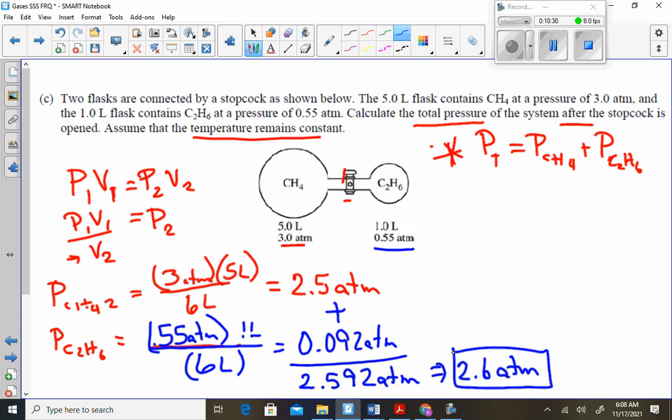Points on this: if you calculated either this one or this one, the final pressure of either one of them, you got 1 point. And if you found the total pressure, you got the second point.